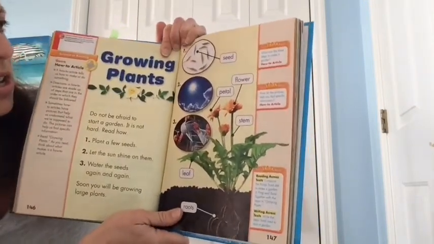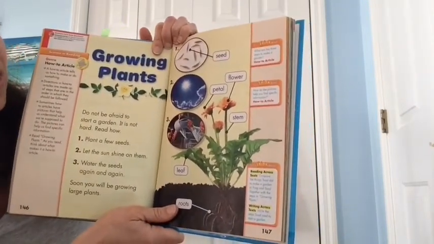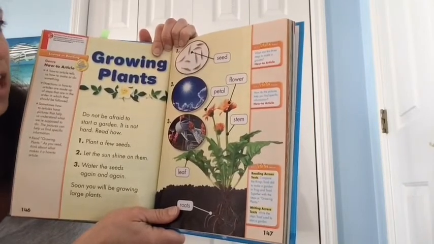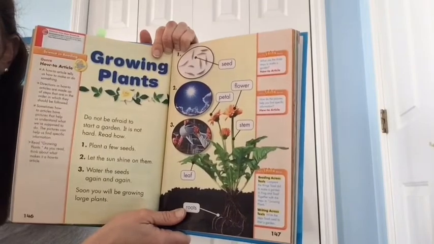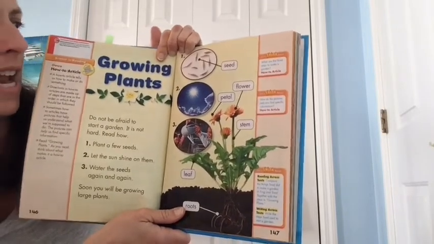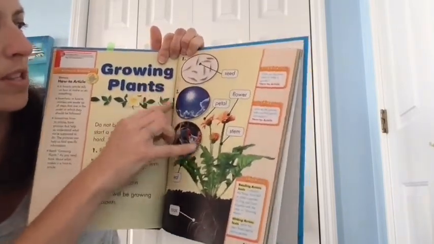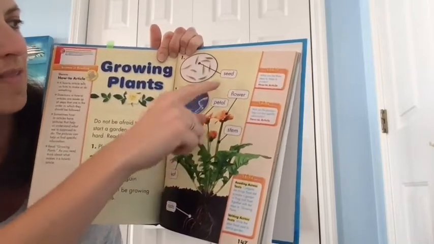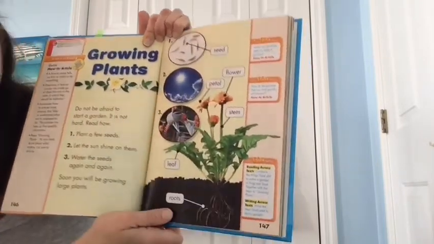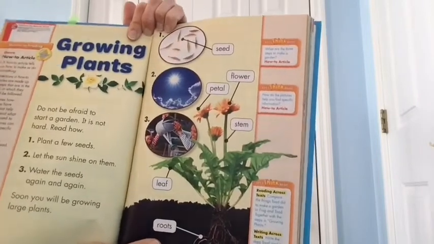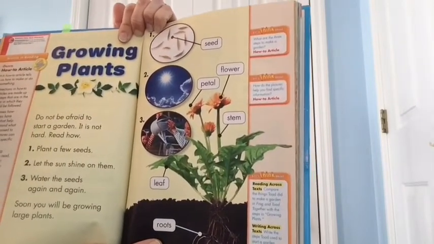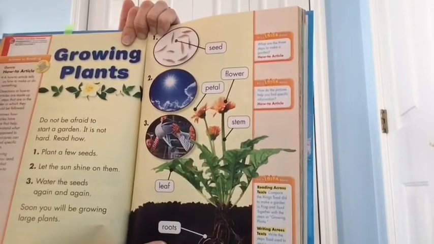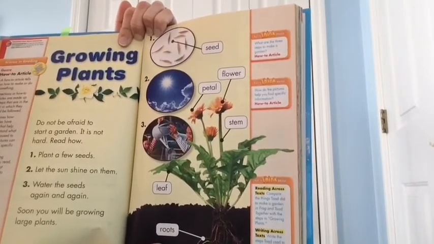So in this nonfiction text, they gave us a diagram, and the diagram gives us a little bit more information about the steps to growing plants. And I like how they have numbered the steps with great pictures, and then they've even labeled different parts. So go ahead and study that for a second. Look at the picture. Okay, and I want you to think about, what are the 3 steps to make a garden?